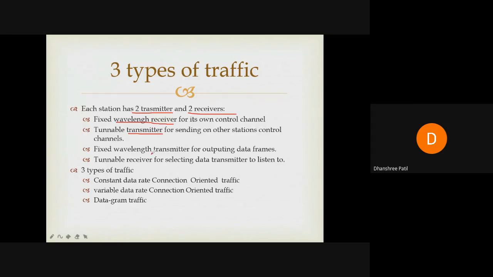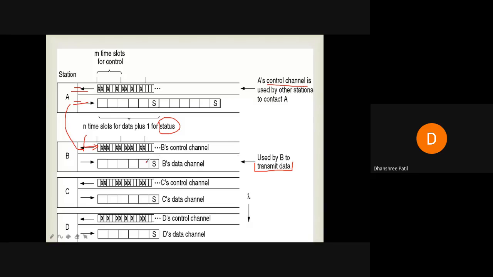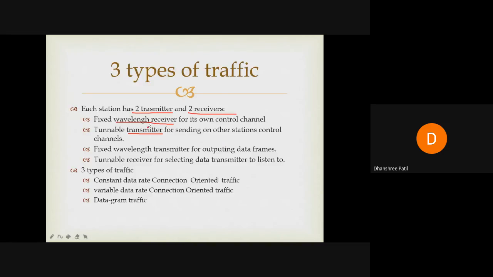Next, a fixed wavelength transmitter for outputting the data frames. Here प्रत्येक स्टेशनला काय करायचं आहे तर फ्रेम्स ट्रान्समिट करायचे. सो फॉर ट्रान्समिशन ऑफ दॅट फ्रेम्स इट हॅज अ फिक्स्ड वेवलेंथ transmitter every station, and a tunable receiver for selecting the data transmitter to listen.